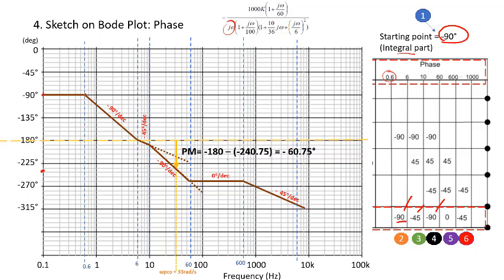So to get the phase margin, 180 minus 240.75 degrees, we get the phase margin as negative 60.75 degrees. And this is where the corner frequency of the phase plot is.